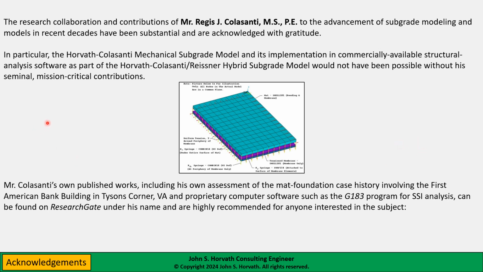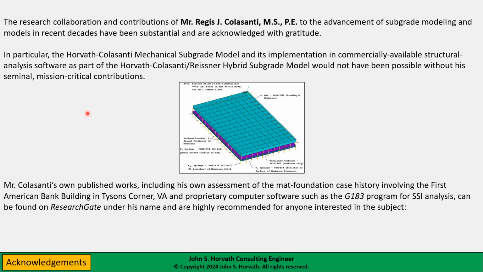I want to point out Colasanti's own published work, including his own independent assessment of a mat foundation case history involving the first American bank building in Tyson's Corner, Virginia. This was a case history that Dr. Paul Main, recently of Georgia Tech, published some years ago, and it was reanalyzed by Mr. Colasanti and me.